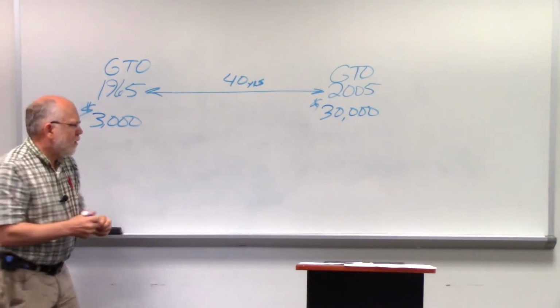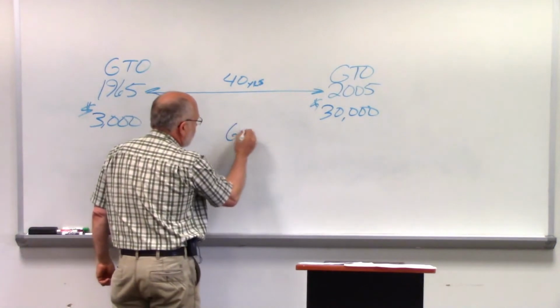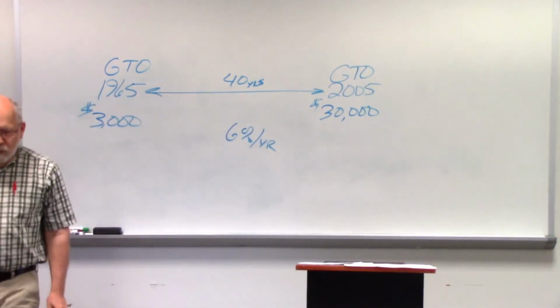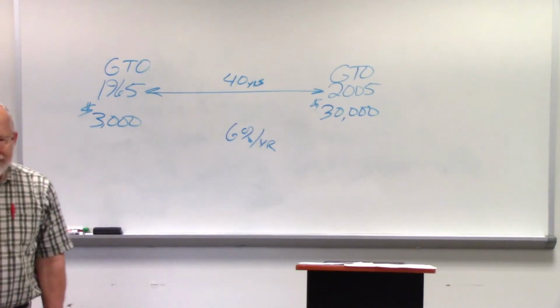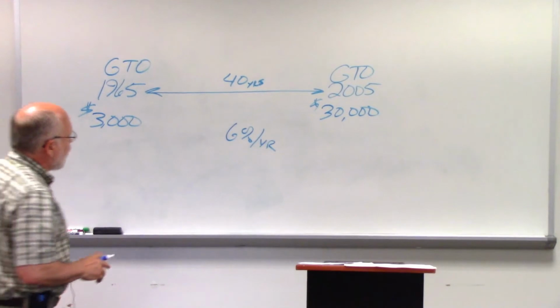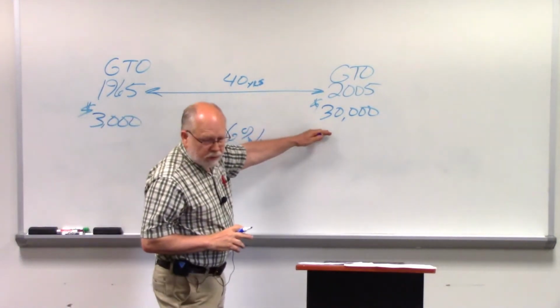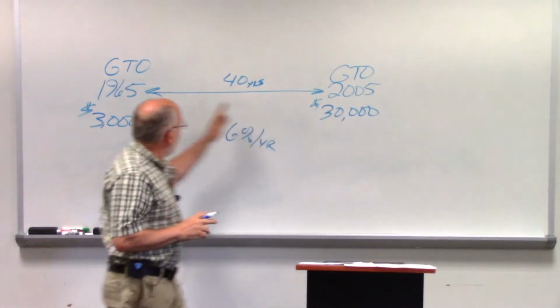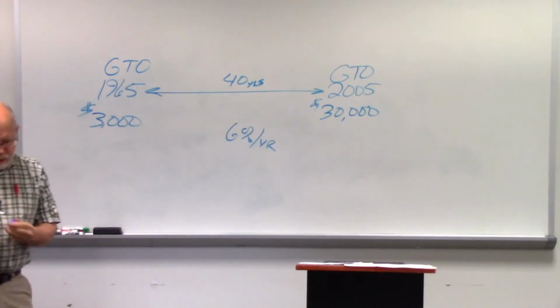Just to round it slightly, it's really close to 6% per year. For 40 years, you would have to get 6% per year after tax in order to get this amount of money, so you could buy the same GTO that you could buy back here.